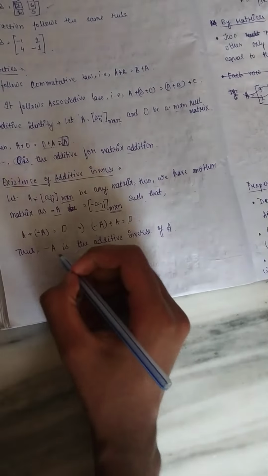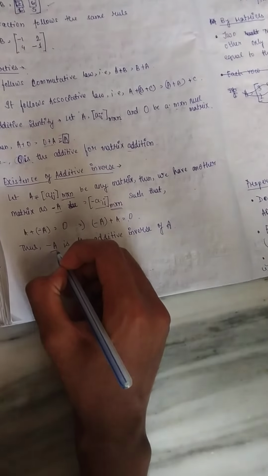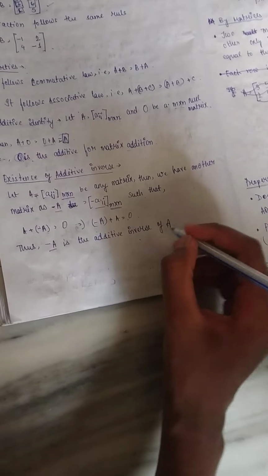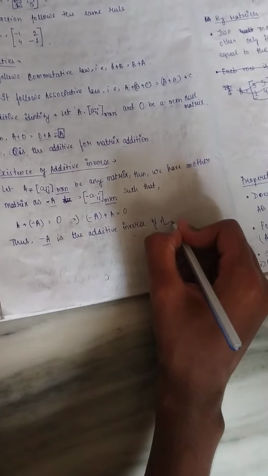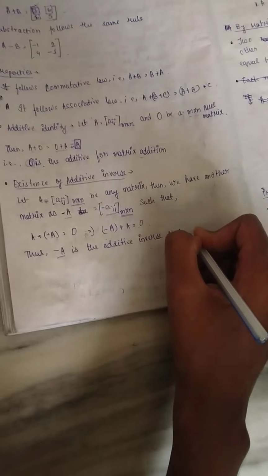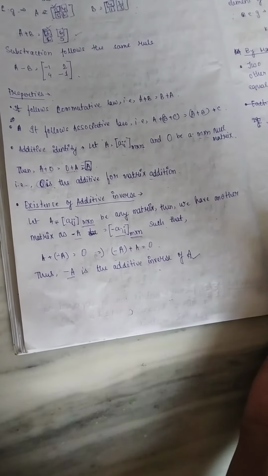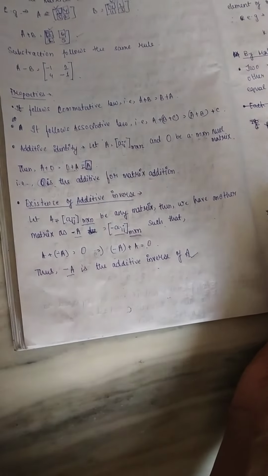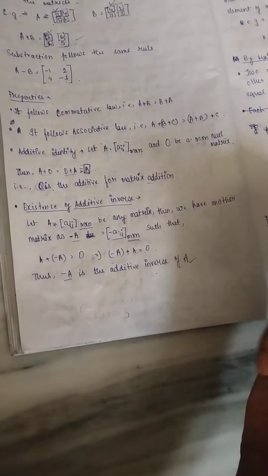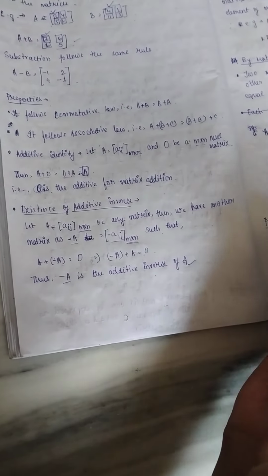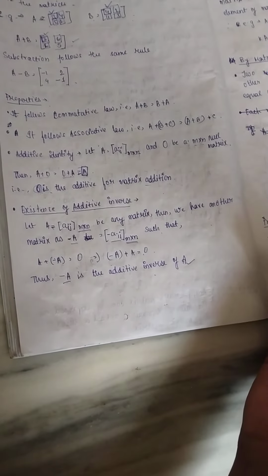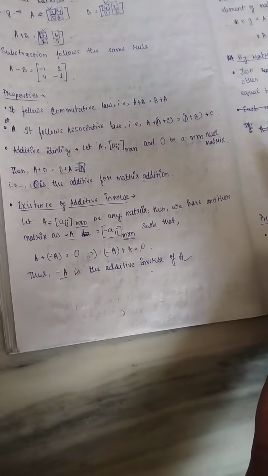Then we can say that the matrix minus A is the additive inverse of A. So in simple words, the matrix which upon addition with another matrix gives a null matrix is the additive inverse of the matrix to which it is added.